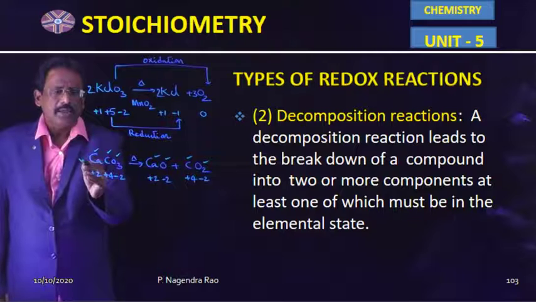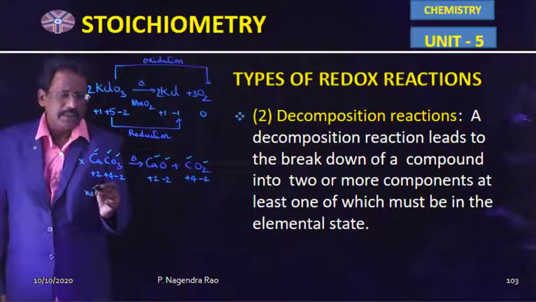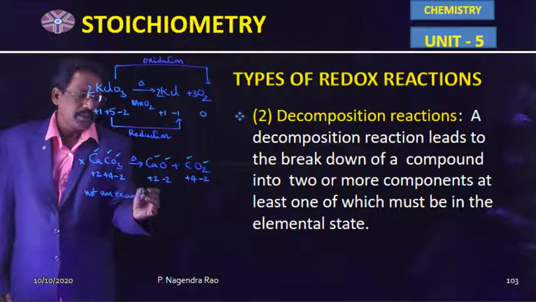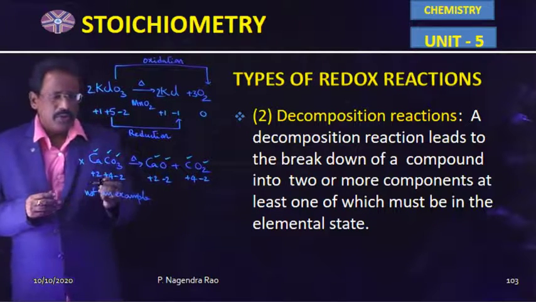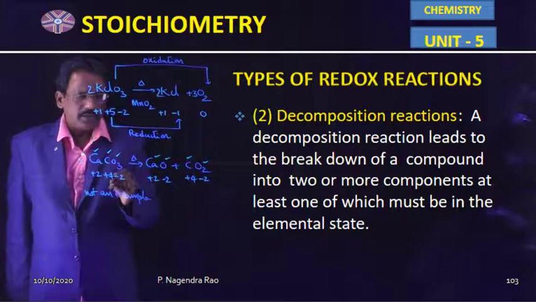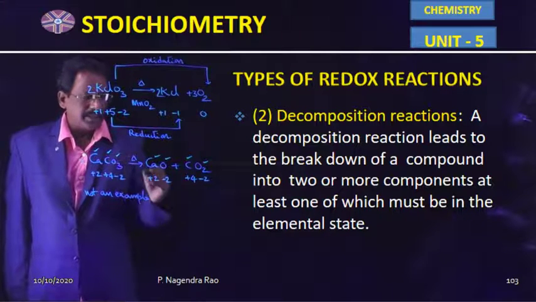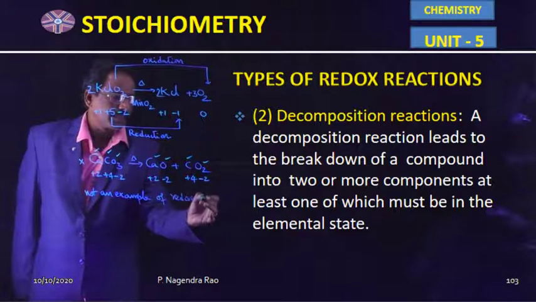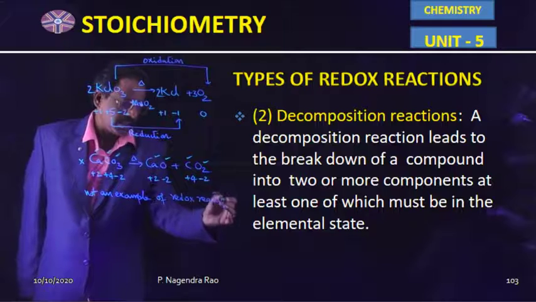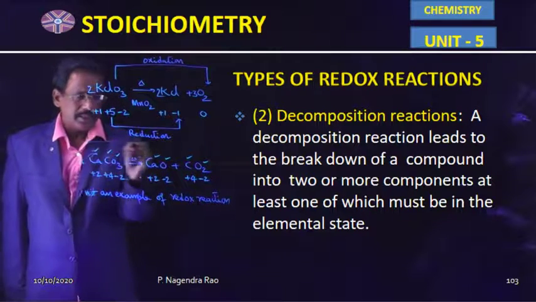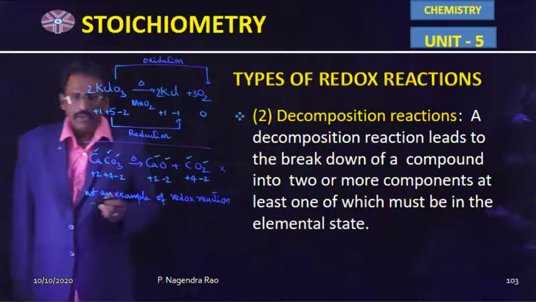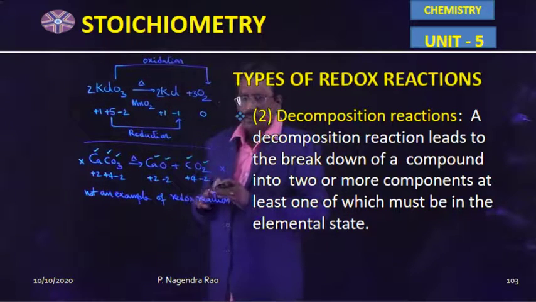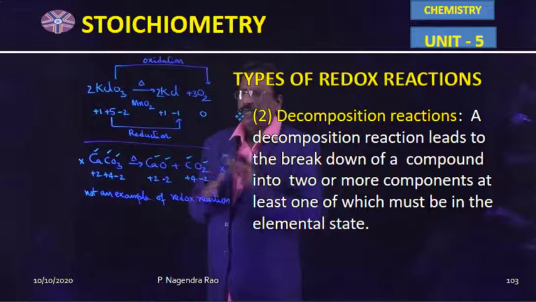This example does not undergo both reduction and oxidation. So it is not an example of a redox reaction. Neither oxidation nor reduction takes place in this example. So the final statement is all decomposition reactions are not the examples of redox reactions.